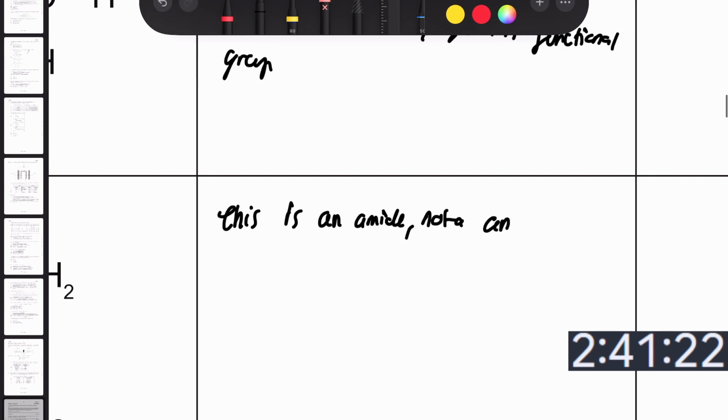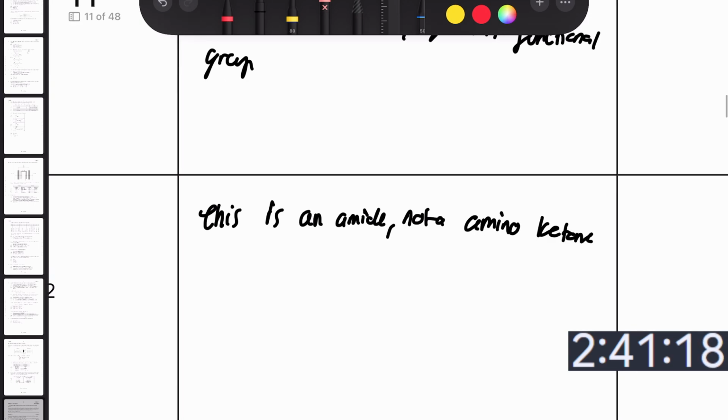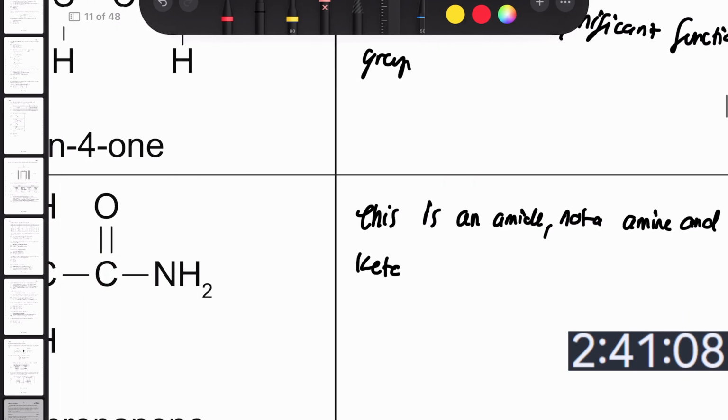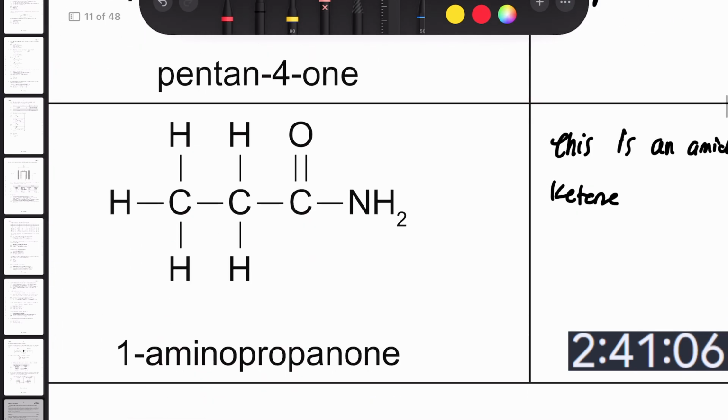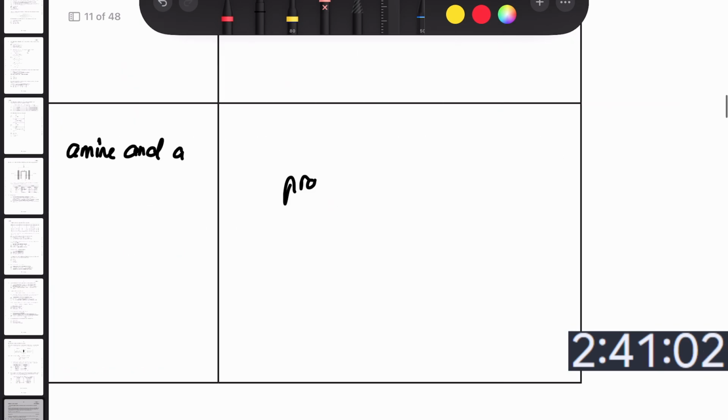Not an amino ketone. What's an amine? And a ketone. So this would just be propanamide. Propanamide.